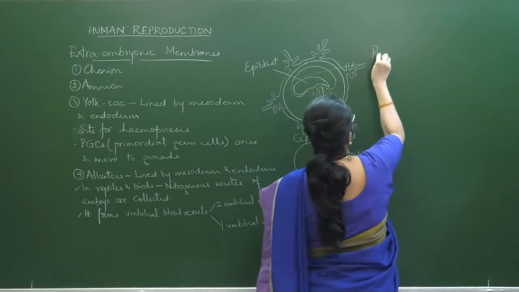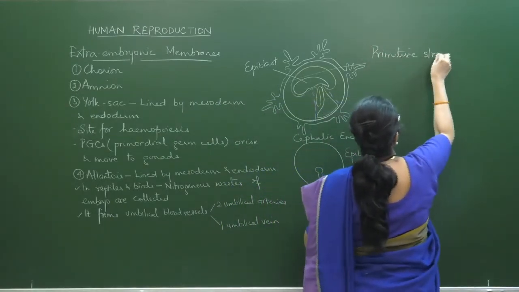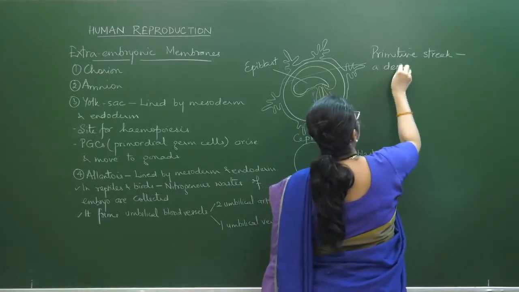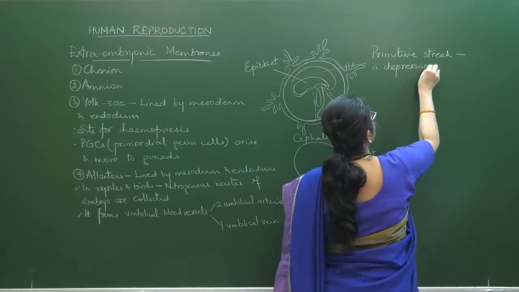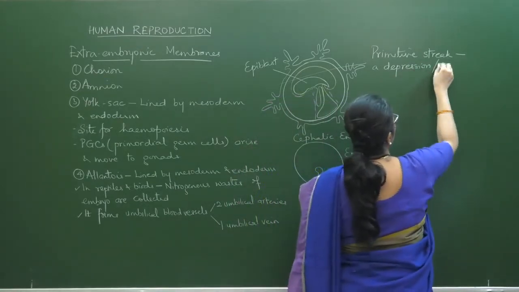Let us first write this. Okay, so primitive streak, this is a depression or a groove, whichever way you use it, just like a sulcus, just to understand.